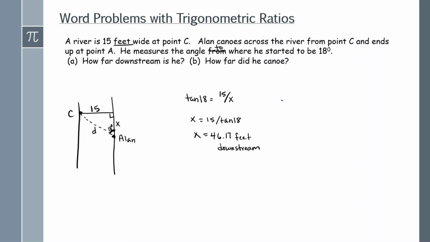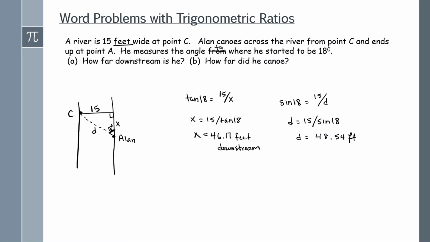So I'm going to set up the sine of 18 is going to be 15 over D. So D is going to be 15 divided by sine of 18. So we'll go to our calculator, and we get the distance is 48.54 feet.